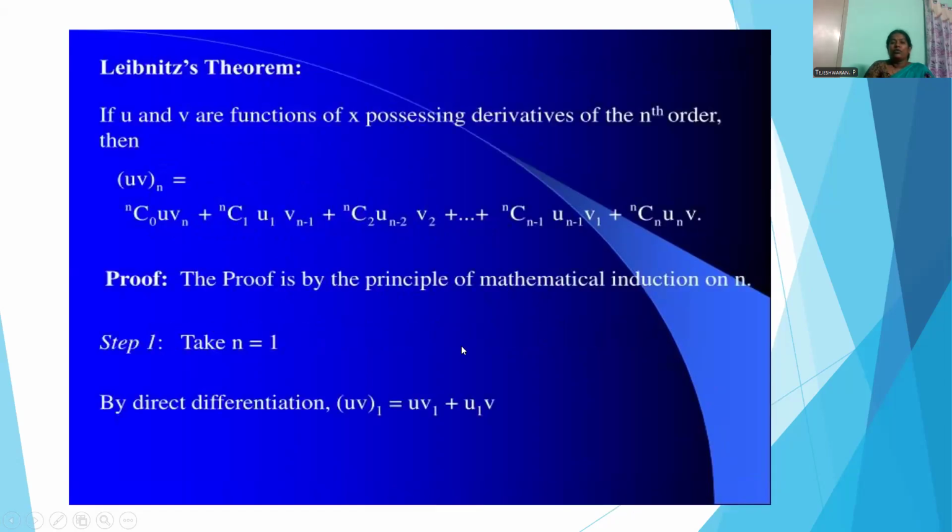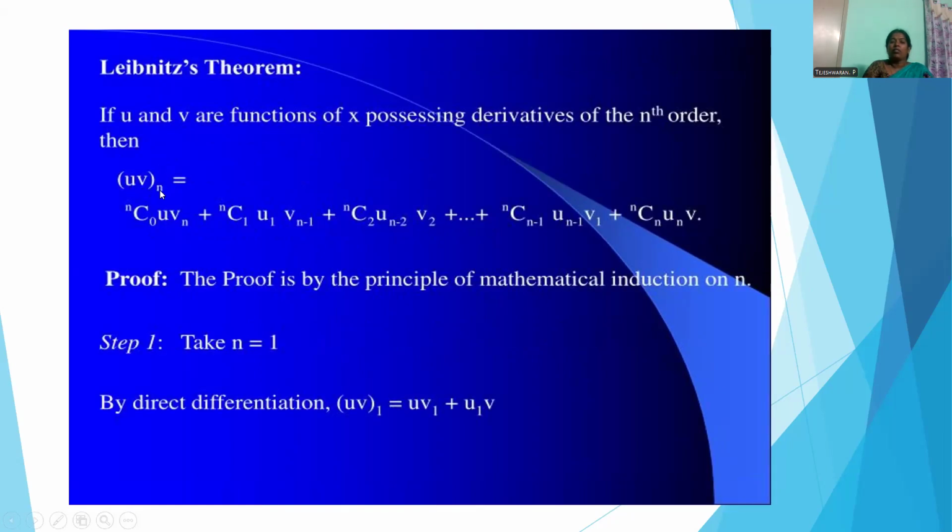Now we go to the Leibniz theorem. In the Leibniz theorem, we have two functions, u and v. We differentiate u and v with respect to x up to n times. Here u and v are in product.